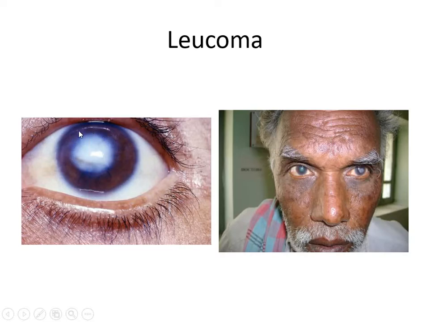You have to remove this diseased corneal button and replace it with a donor button. It is known as penetrating keratoplasty. When you remove the whole diseased button of the cornea and replace it with a transparent donor button, that procedure is known as penetrating keratoplasty.